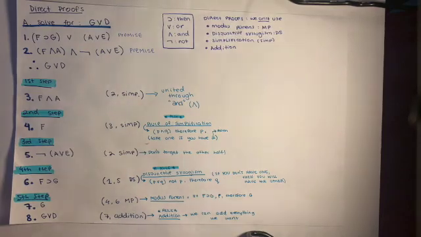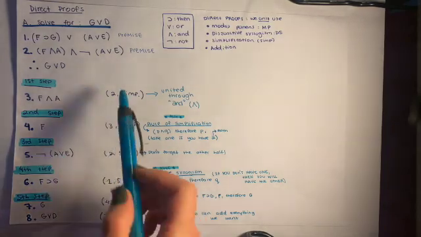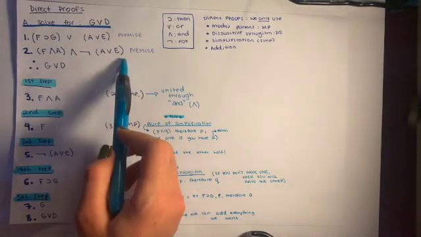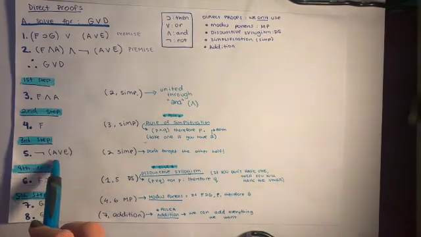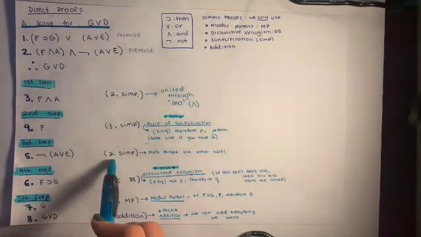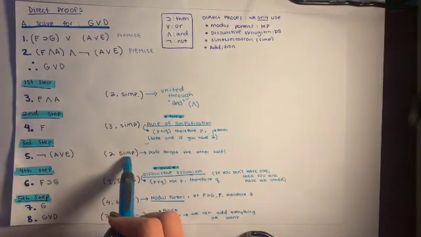The third step would be we have to simplify the other part of line 2. So don't forget that there's the other half of line 2, this one. And we take out not A or E from line 2 through simplification.